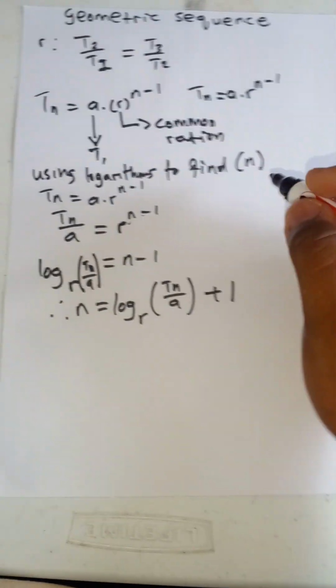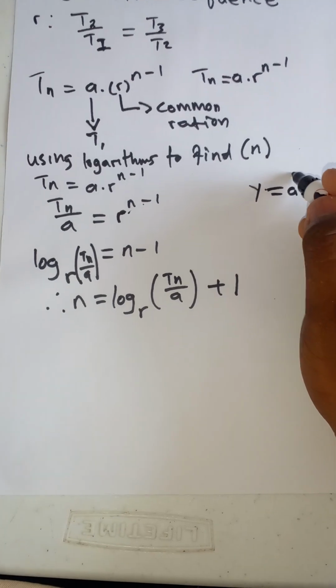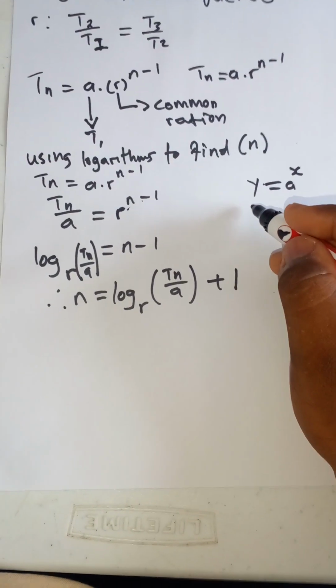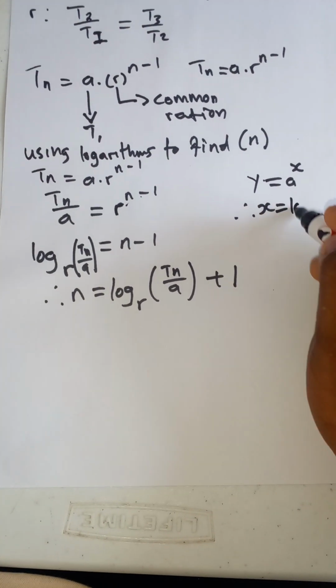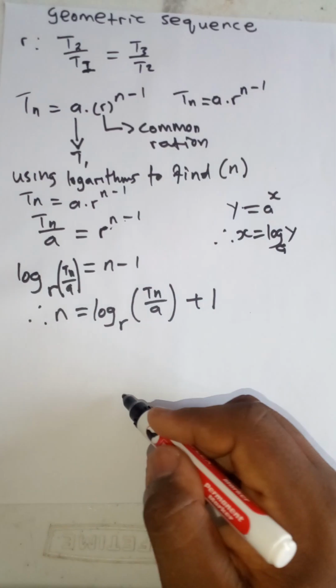The best way to remember this: on functions, if y is equal to a to the power of x, therefore x is equal to log base a of y. Can you see it?